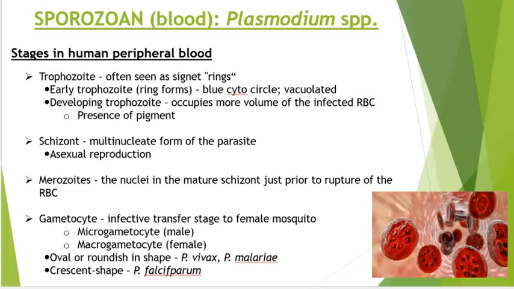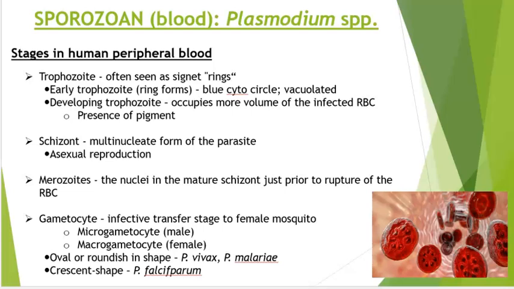The red blood cell is going to rupture and release all those forms of the parasite. The last is the sexual phase. This is the gametocyte. It is infective and is the transfer stage to the female mosquito.